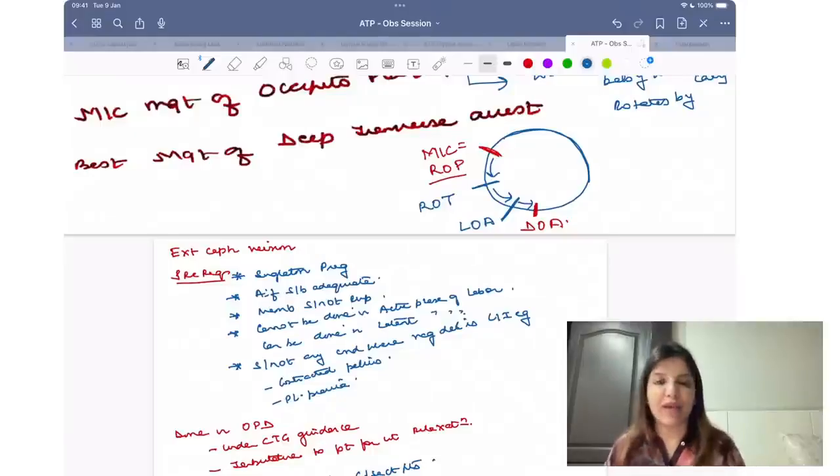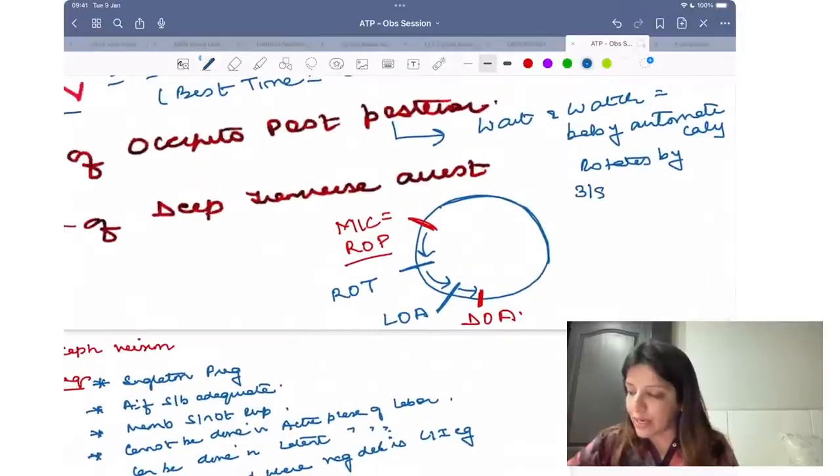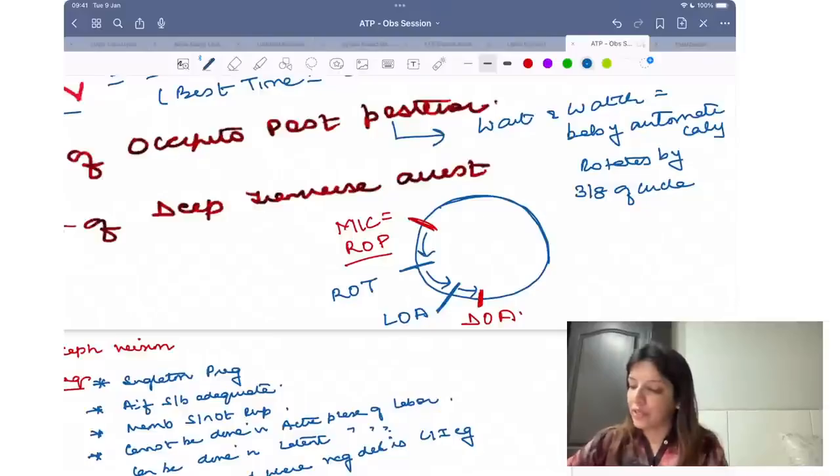So how much does a baby have to rotate? Baby has to rotate by 3/8 of a circle. Baby automatically rotates by 3/8 of a circle. It becomes OA and vaginal delivery occurs.